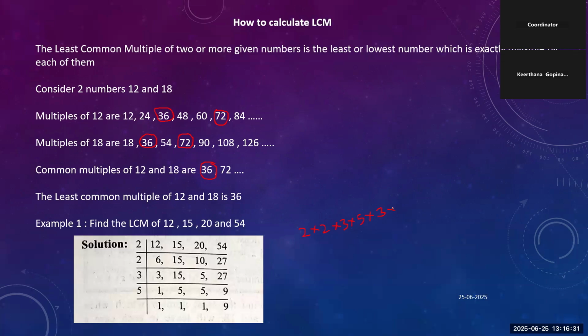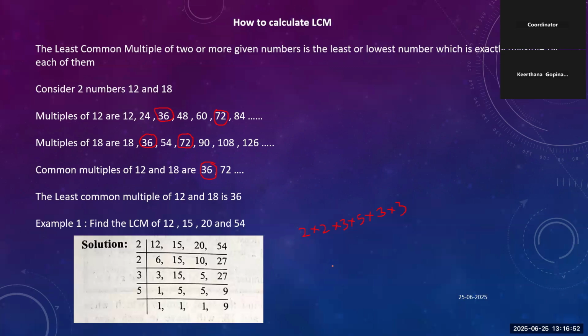See, that step I omitted because I wanted to tell you, the next step here will be 3 and 3. So what will you bring down? You'll put 3 here as divisor, and 1, 1, 1, 1. That is it.